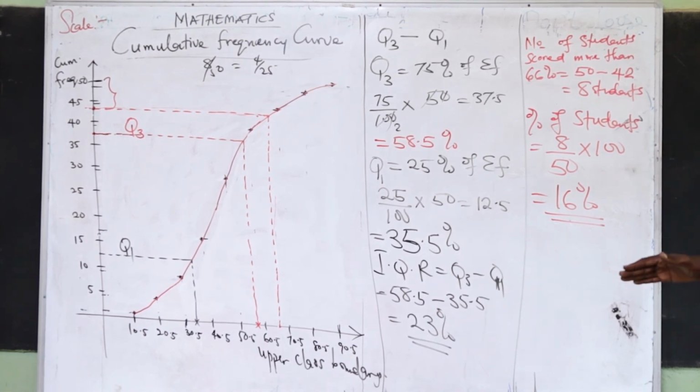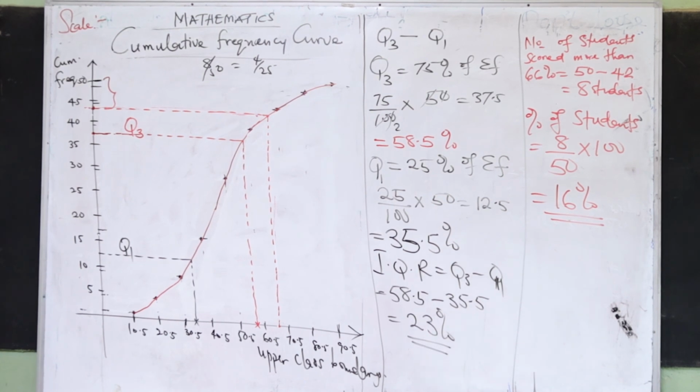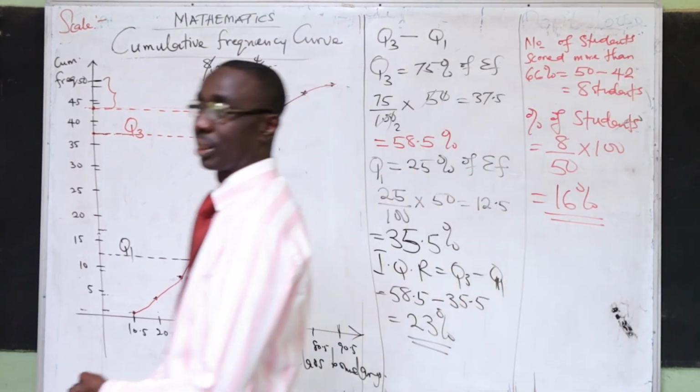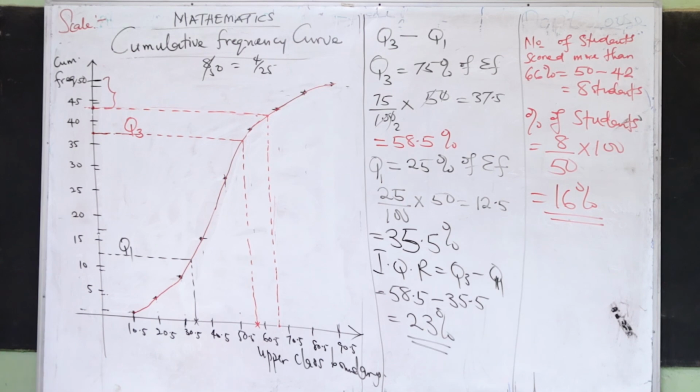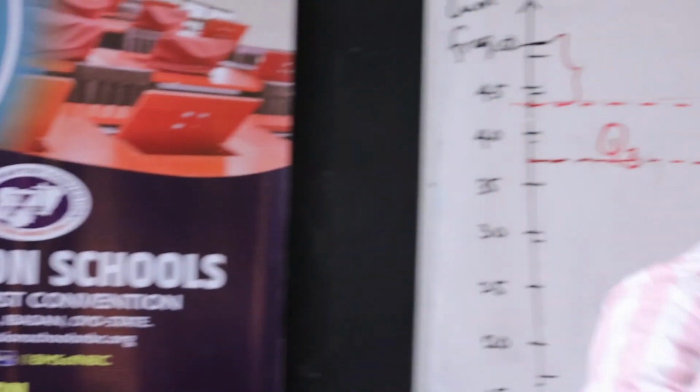That's 42. That's 66 and below. But if you have at most, okay, how many scored at most 66%? At most. At least 66%. 8. These are ways by which they can change that question and they are still saying the same.